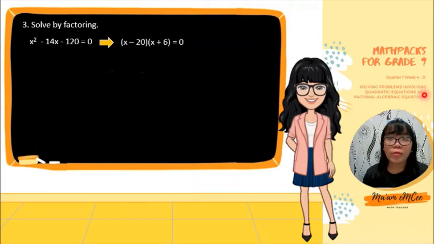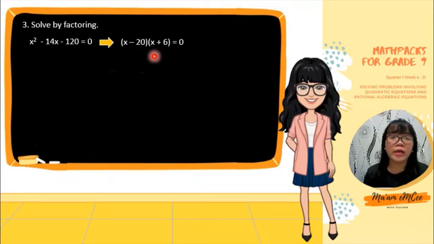Now, let us have our factors. Again, factors of x squared will be x and then x. The factors of negative 120 with sum negative 14 are negative 20 and positive 6. Again, negative 20 times positive 6 is negative 120. Negative 20 plus 6 will be negative 14 because we need to subtract them, although the operation is positive. But we are dealing with signed numbers, so we have certain rules.